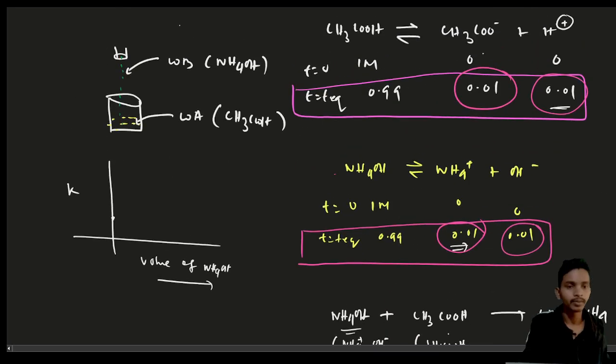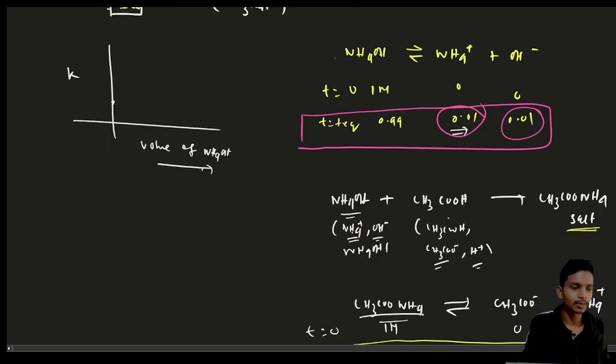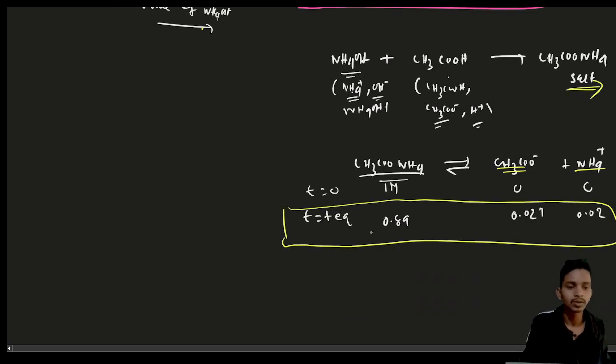Okay, so whenever you are adding more and more NH4OH, it is reacting with CH3COOH, and more salt is synthesized, and this synthesizing gives more and more of these ions, because this is a salt, which dissociates a little more than weak acid or weak base, meaning more of this comes into the solution.